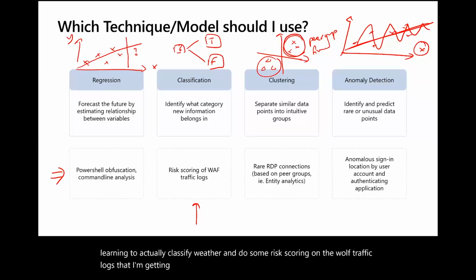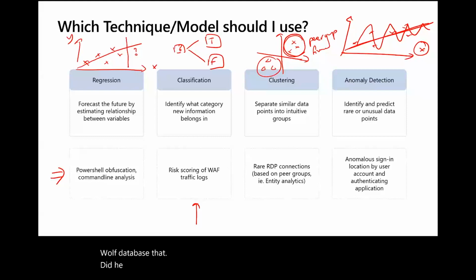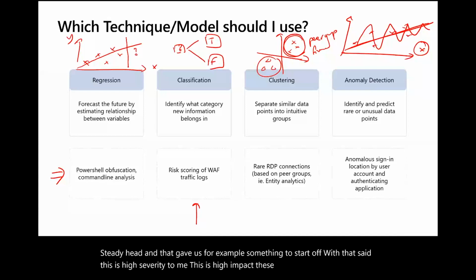So what they did was they did partial labeling of the WAF database that they had. And that gave us something to start off with that said, this is high severity to me, this is high impact, these other things are maybe not as important to me.